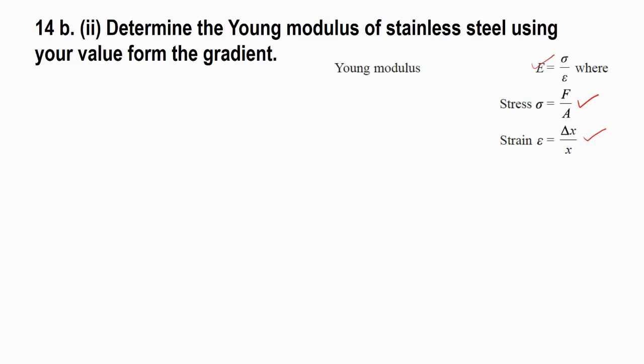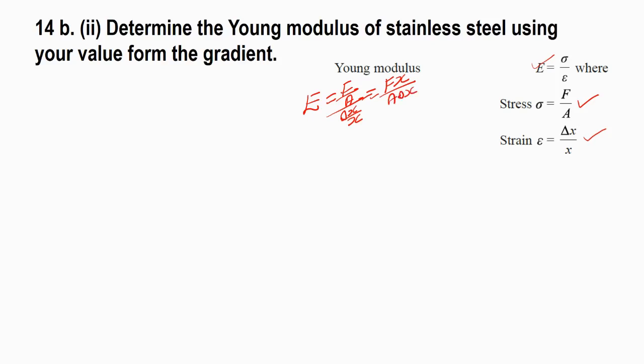So from this expression we can find the value of Young's modulus. Young's modulus is equal to the force by area divided by delta x by x. Division of a fraction is multiplication with the reciprocal, so we get F into x divided by A into delta x.